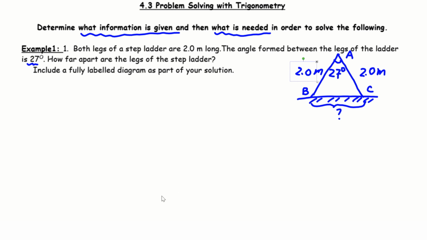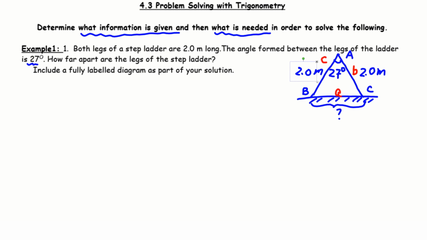What matters is the opposite side. You need to label it using the small letter of the opposite angle. So all angles use capital letters, opposite sides use small letters. Opposite side of angle B is small letter b. Opposite side of angle C, we use small letter c.